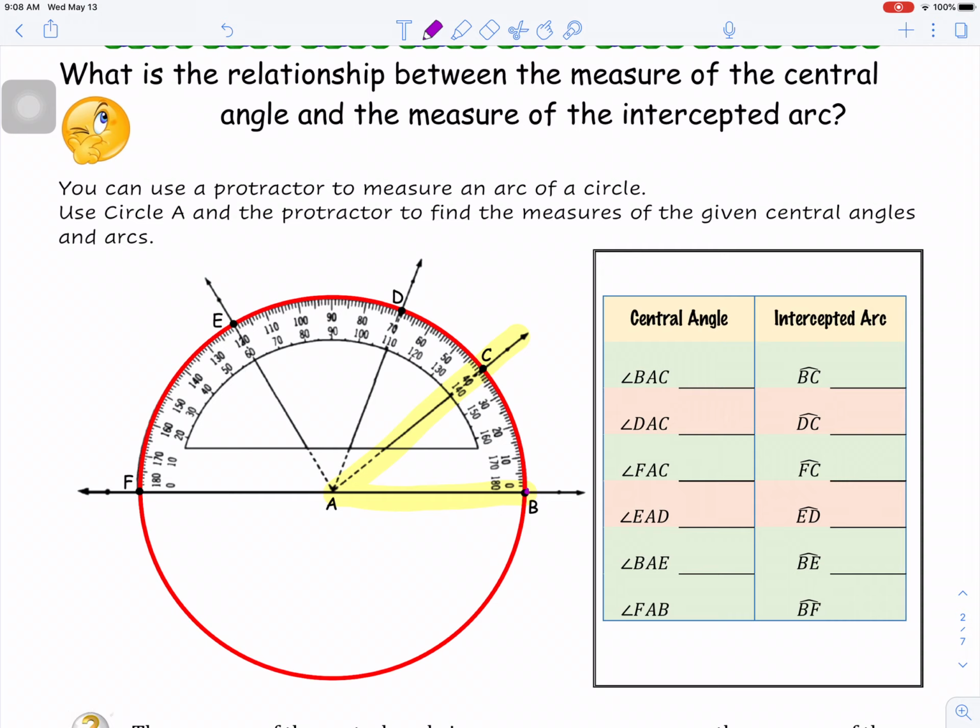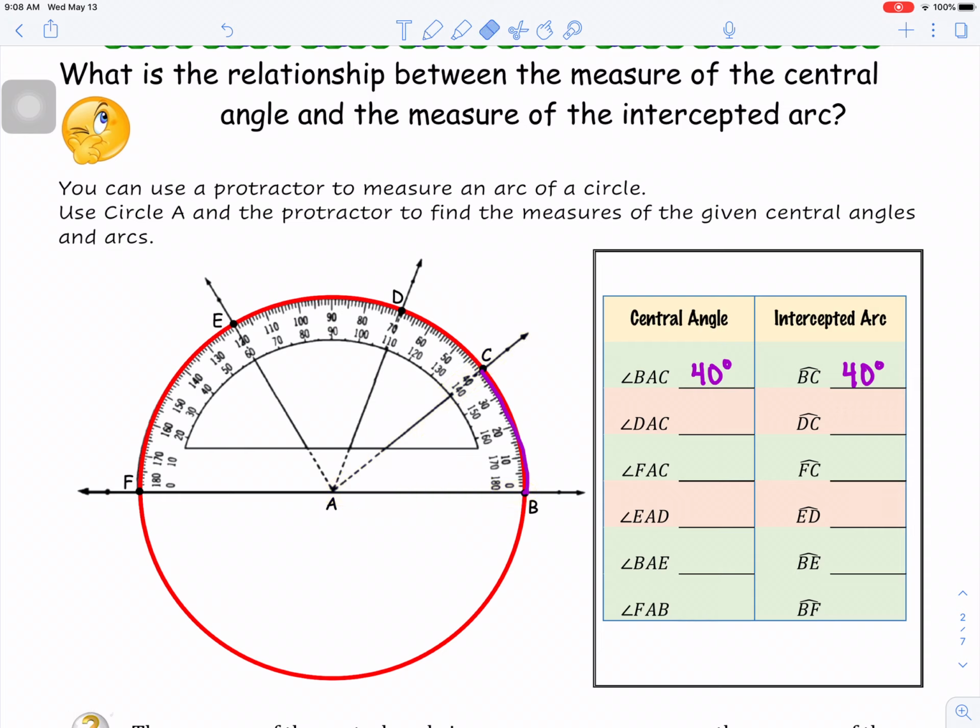We're starting at 0. So it's 10, 20, 30, 40. This angle is 40 degrees. And the arc is 40 degrees. I think you're quickly going to see a relationship between them.